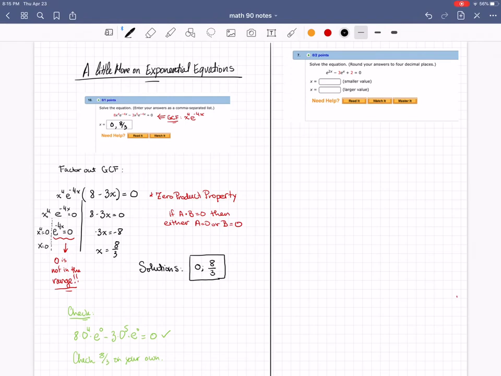Now we move on to the other example, which is problem number 7, and I believe these are both homework number 14. So what I want to do here is remind you of equations of quadratic type.